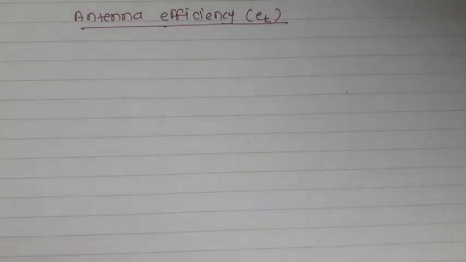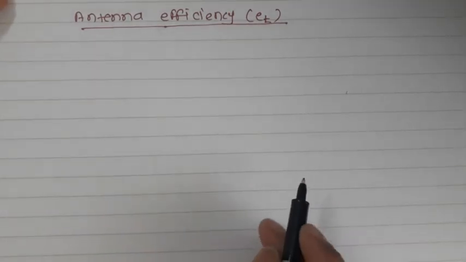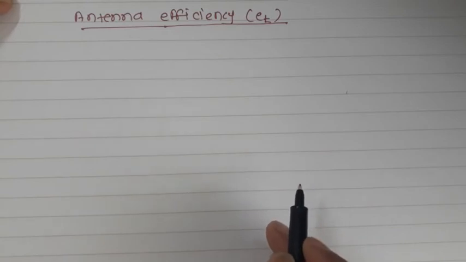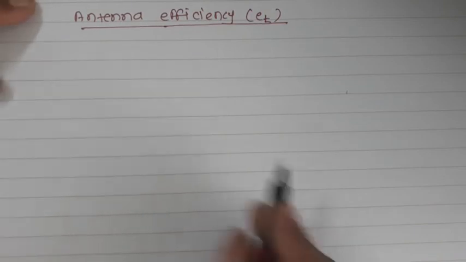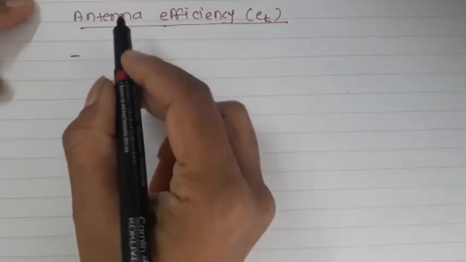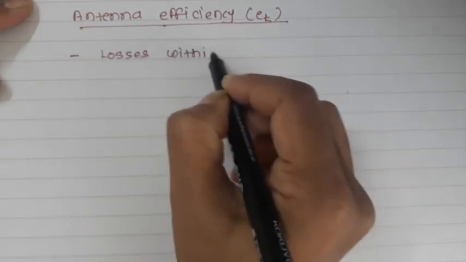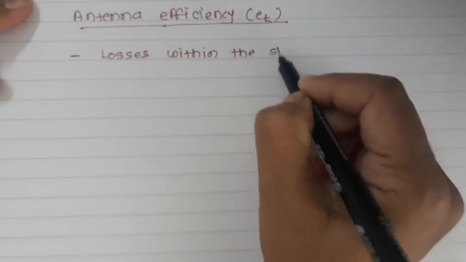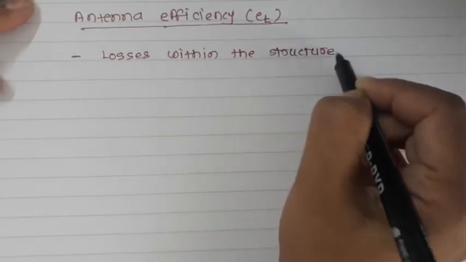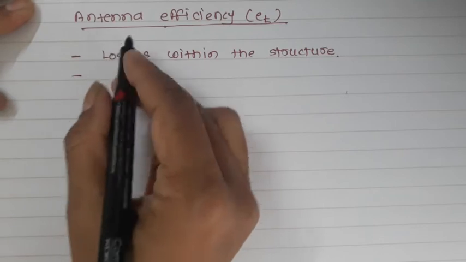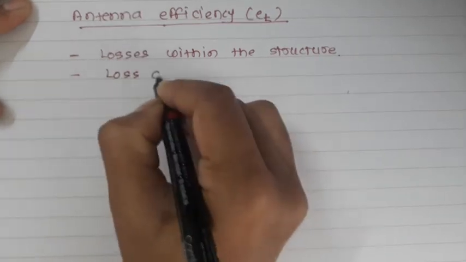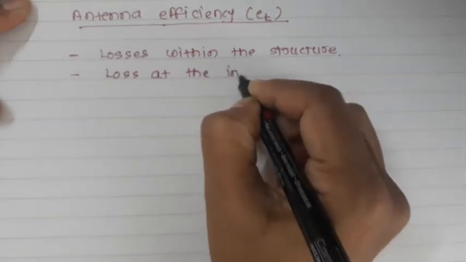Now let us talk about the antenna efficiency. Just now we talked about the losses within the structure of the antenna, but there is also some loss at the input terminal of the antenna. Now we'll talk about this second loss, the loss at the input terminal of an antenna.